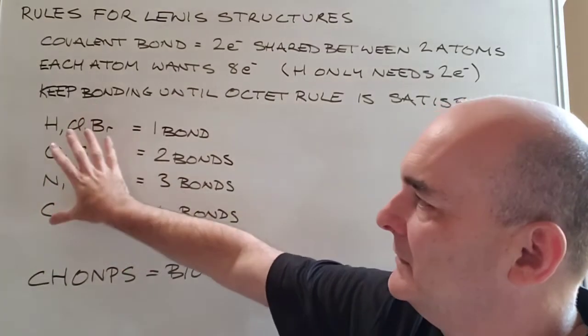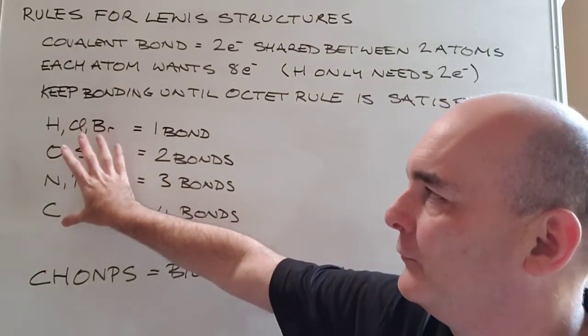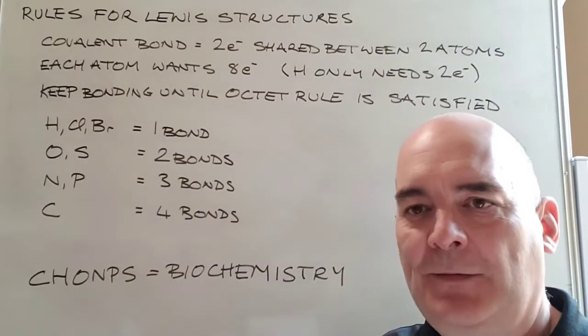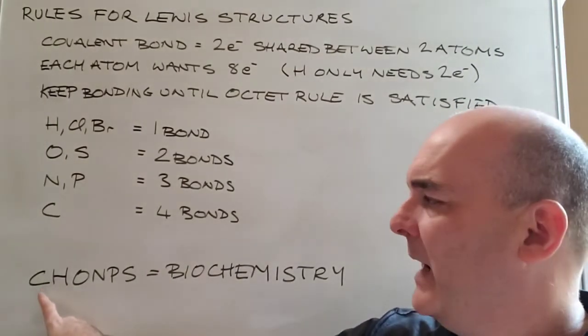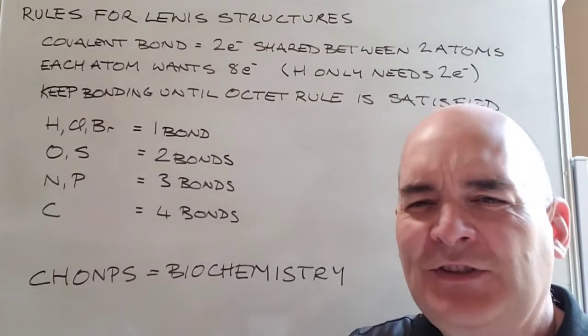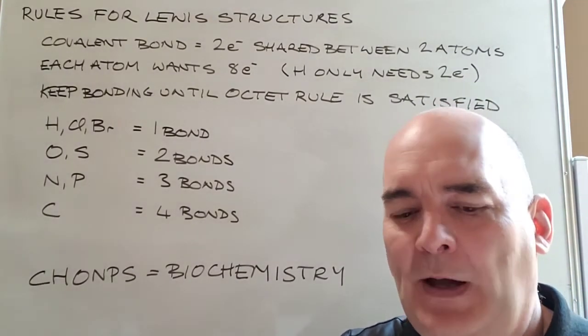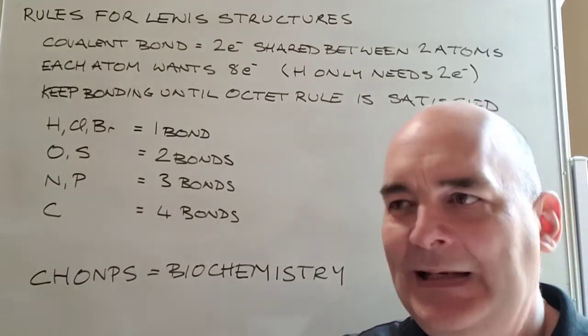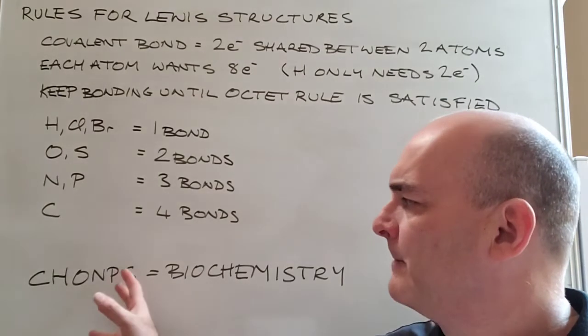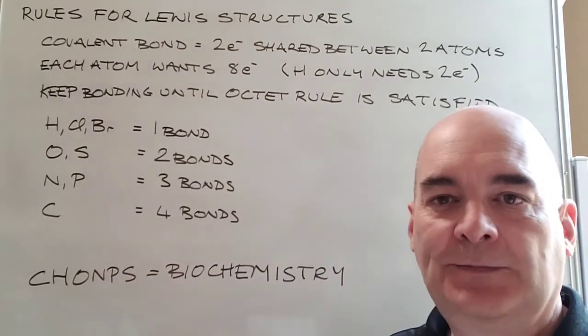With this, we can reproduce on paper most of biochemistry. Biochemistry is made up of carbon, hydrogen, oxygen, nitrogen, phosphorus, sulfur, and then just a sprinkling of other atoms. There's a little bit of magnesium in there, a little bit of iron, a little bit of zinc, but it's mostly these.